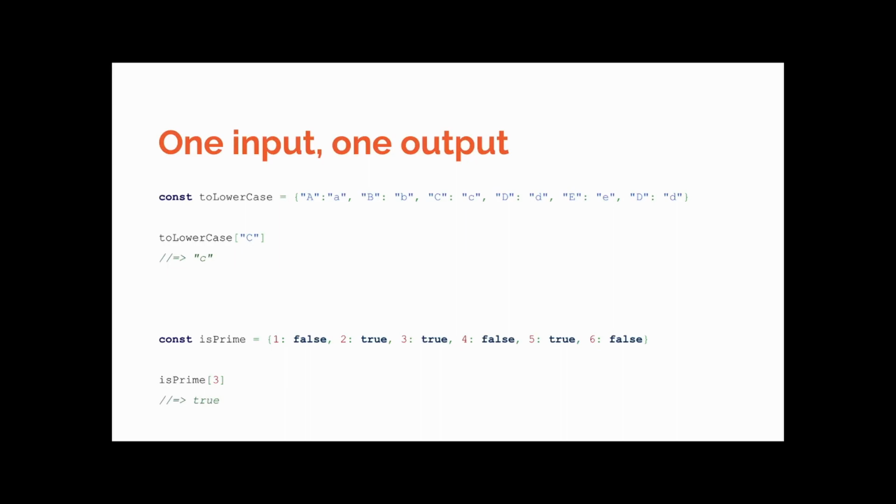Again, we could also use bracket syntax to show a different representation of functions. For instance, if we have a function called toLowercase, whatever you provide to it, it outputs the lowercase type of that string.